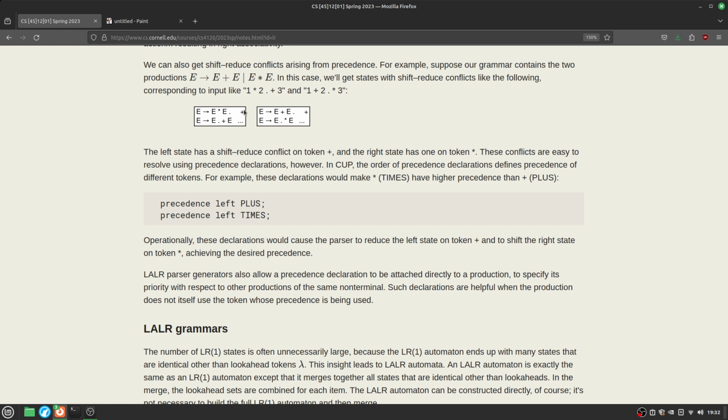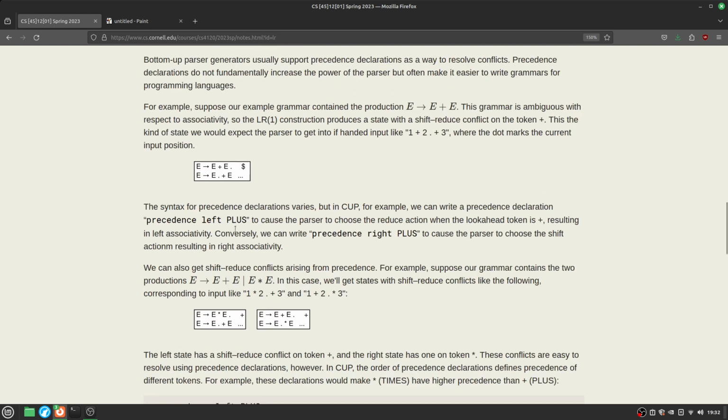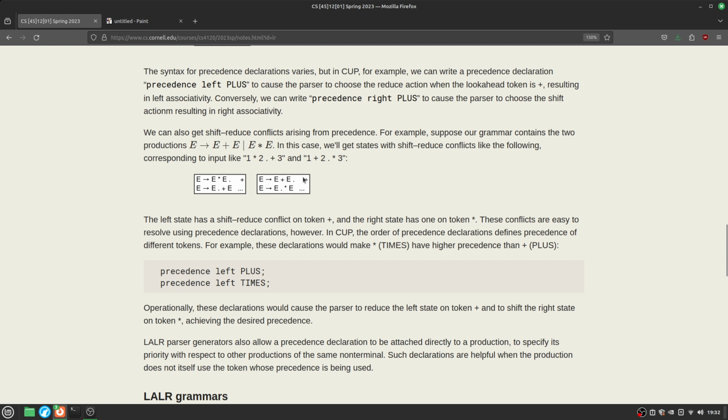Okay, so the look-ahead symbol determines, if the look-ahead symbol matches, then you reduce. I've already forgotten. But so here, there is no plus, therefore we shift.